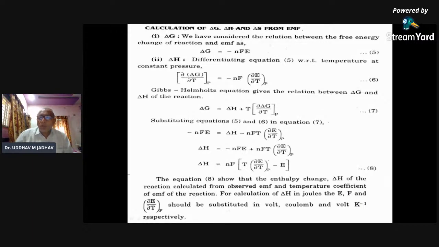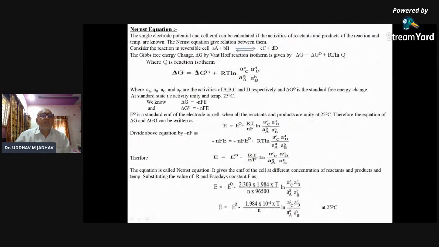Today we are going to start with a new point, the Nernst equation.